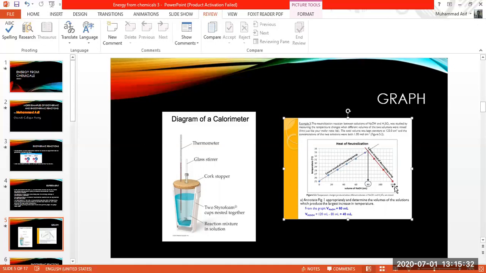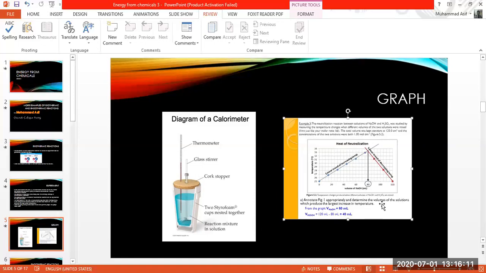Two straight lines will be obtained, and the point of intersection of these two straight lines will indicate the maximum rise of temperature. And from where the graph starts, that will be the room temperature. The difference of both of these values will indicate the total rise in temperature as a result of the neutralization reaction. This is the method by which we can find out the maximum temperature rise in a neutralization reaction.